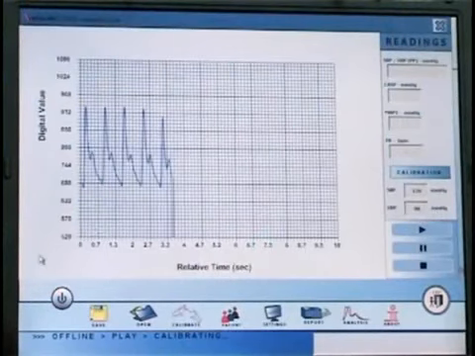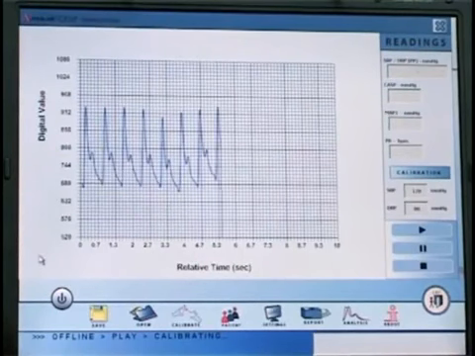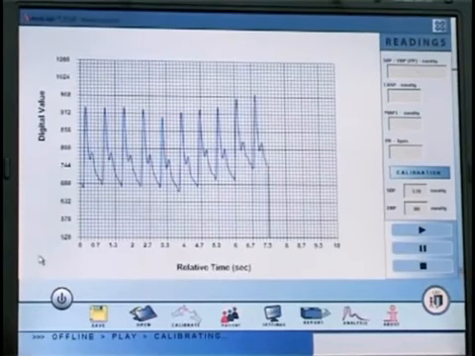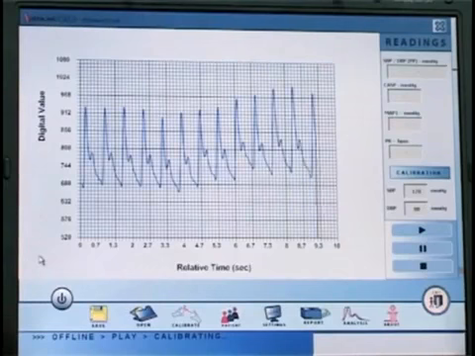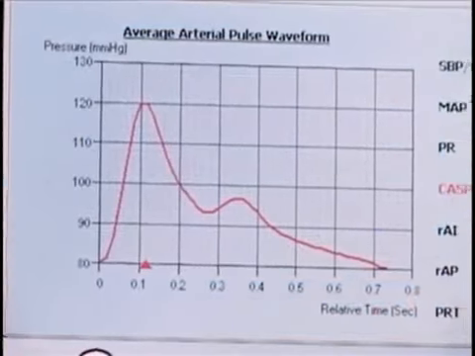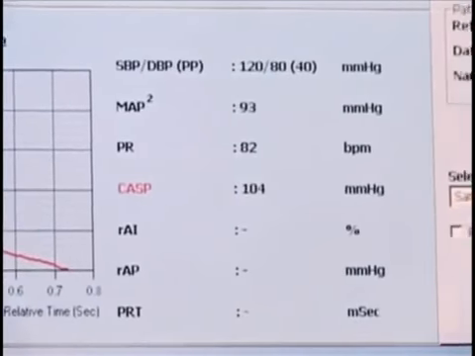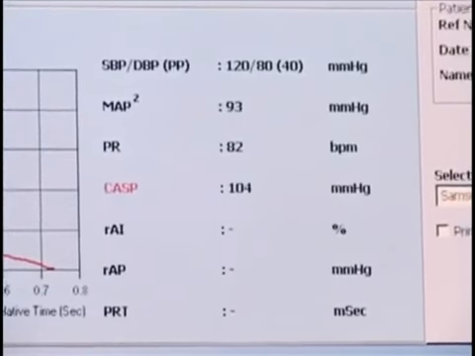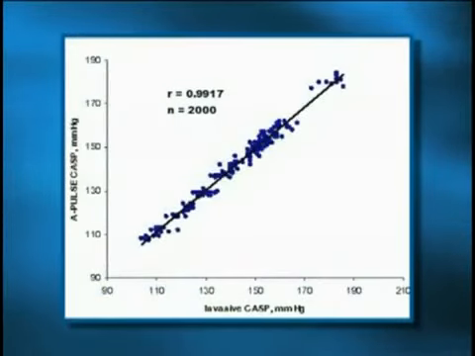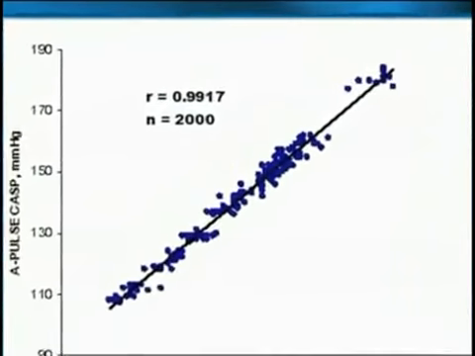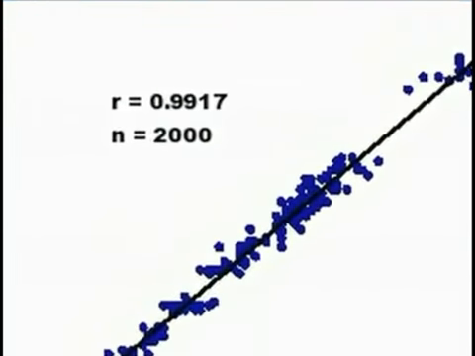For every wave, we continuously follow wave for wave. We measure the central pressure here, and we read off the central pressure as calculated by the B-Pro. We have 2,000 patient waveforms, and the accuracy was 0.9917, which is unbelievable.